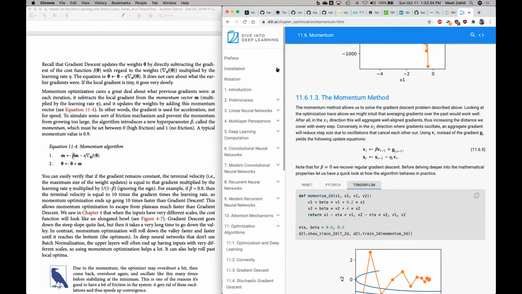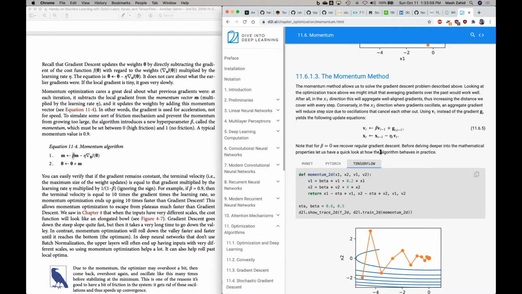The book that they use is a different one, but without going into all those details, I think they do a slightly better job of explaining that same idea. What's different in here is where Géron uses the momentum vector m, this book refers to it as v, but the momentum factor, beta, is still there.